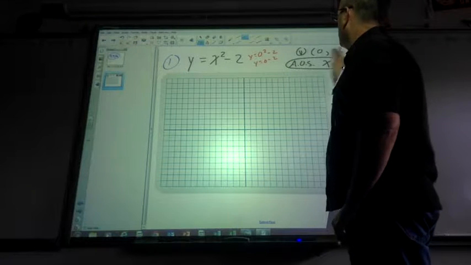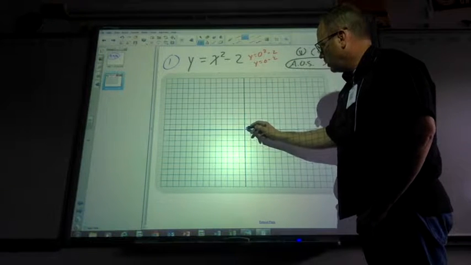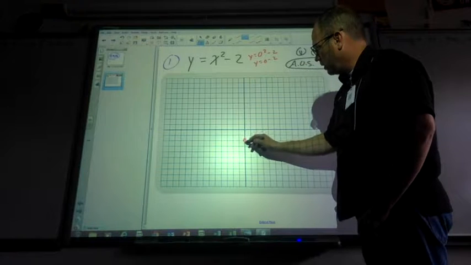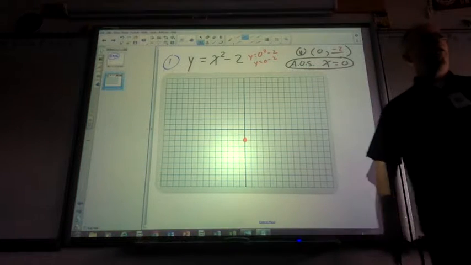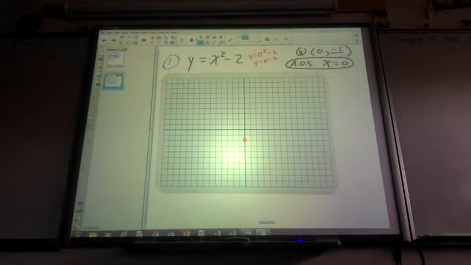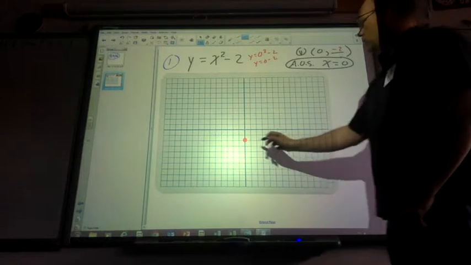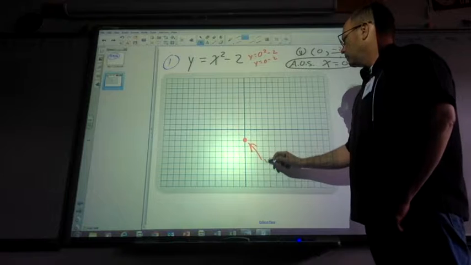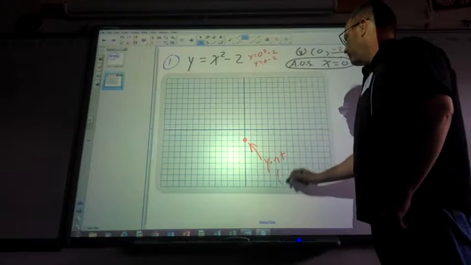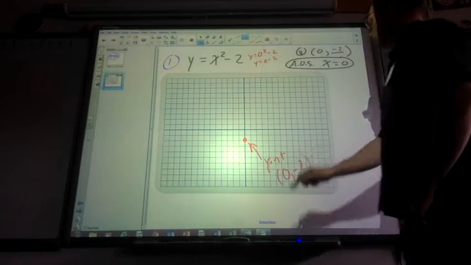So I get negative 2. So 0, negative 2 is down here. Hey, what did I just find? Your y-intercept. The y-intercept can be the same thing as the vertex, right? So that's my vertex. It's also my y-intercept. Okay?